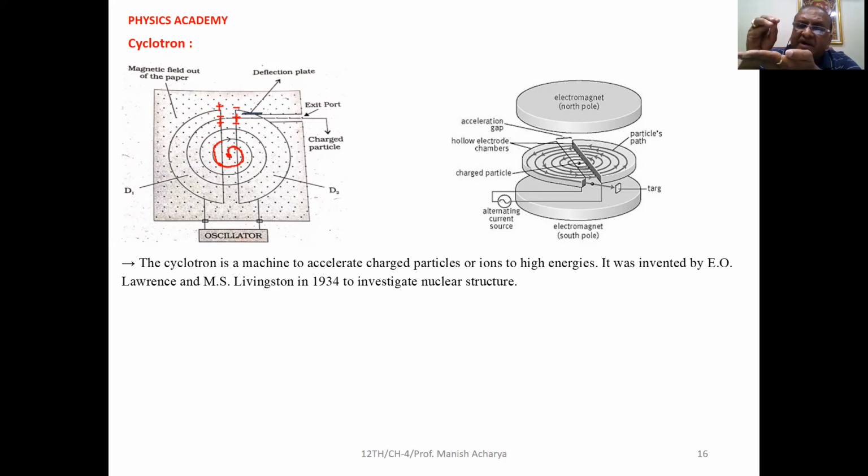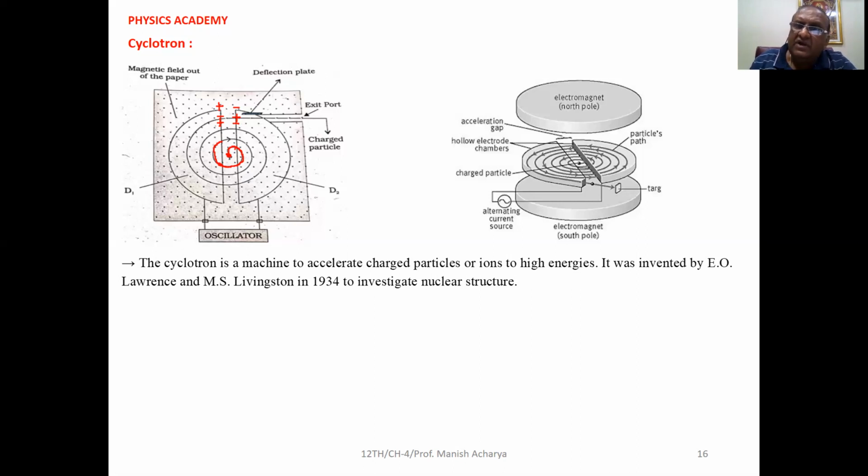And this particular highly energetic charged particle is bombarded on the crystals, or we can say samples, for which we want to carry out the study of nuclear structure. This particular device is used for ion implantation in the medical line.